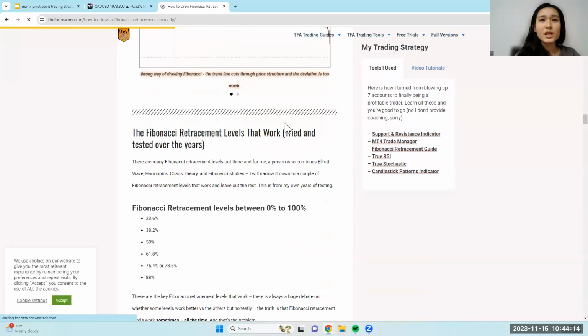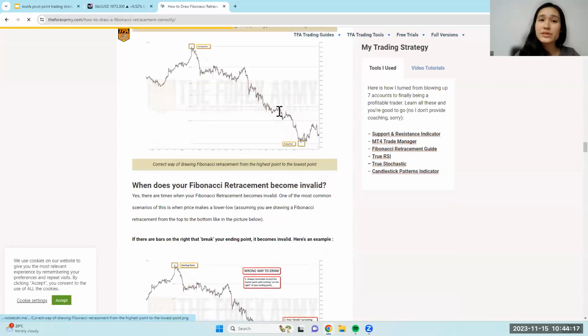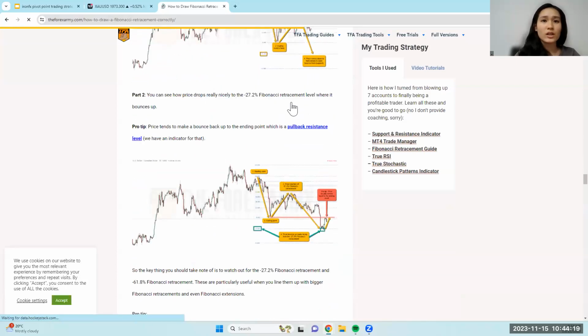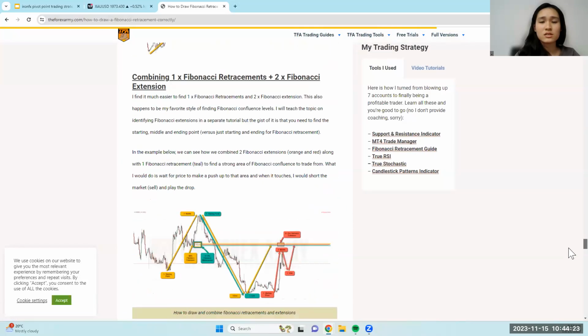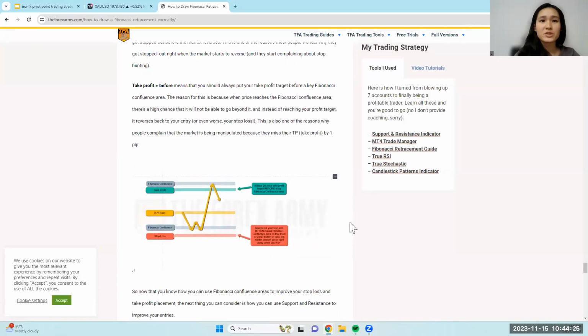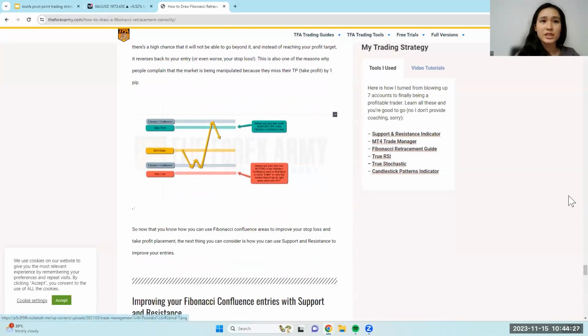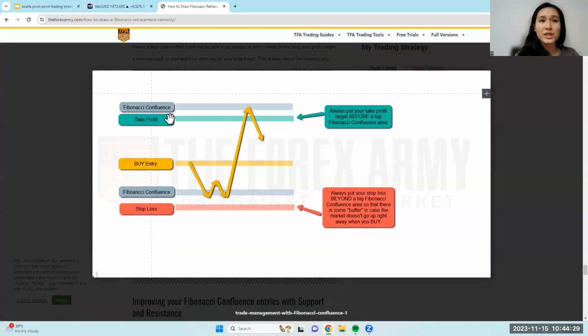It covers some of the basics as well as some risk and trade management strategies. Like I mentioned earlier, we want to place the take profit before any major confluence areas and your stop loss beyond it so that you won't get stopped out.